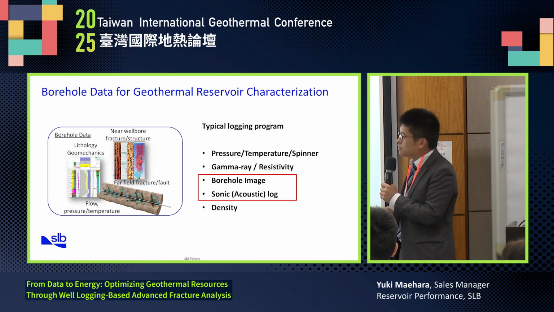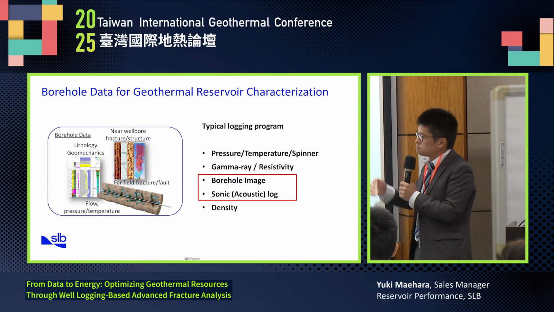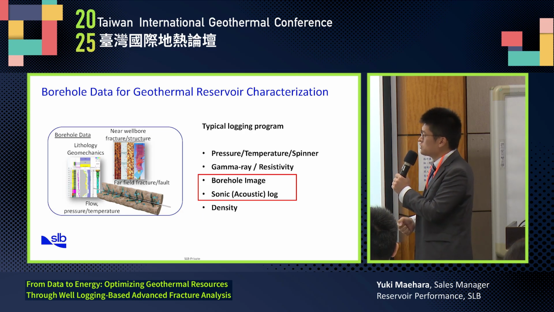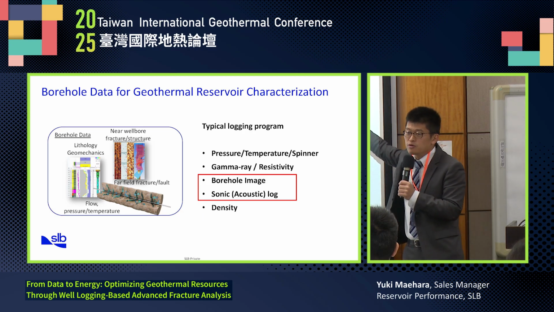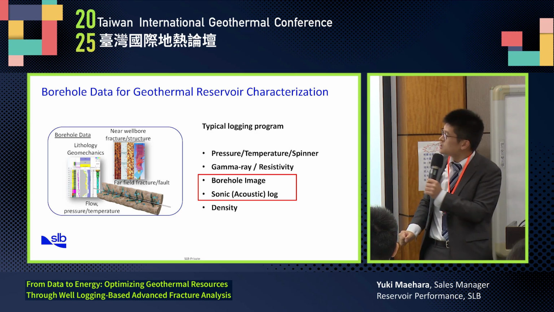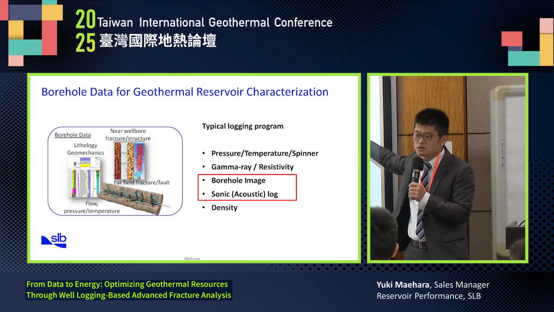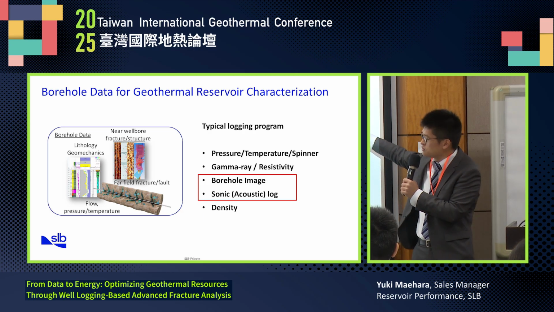The borehole data I'm talking about is mainly wireline logging data. This is a typical logging program for geothermal reservoir characterization. Pressure, temperature, spinner, where fundamentally we need to measure temperature downhole.